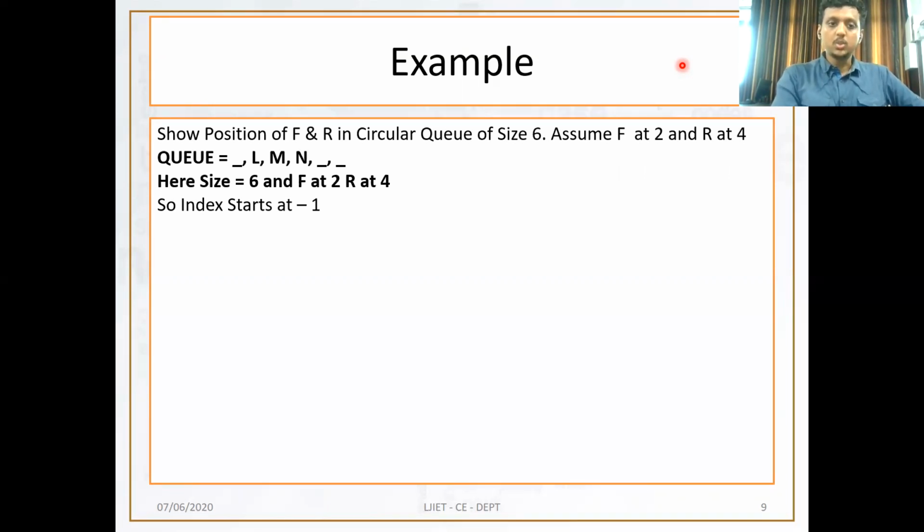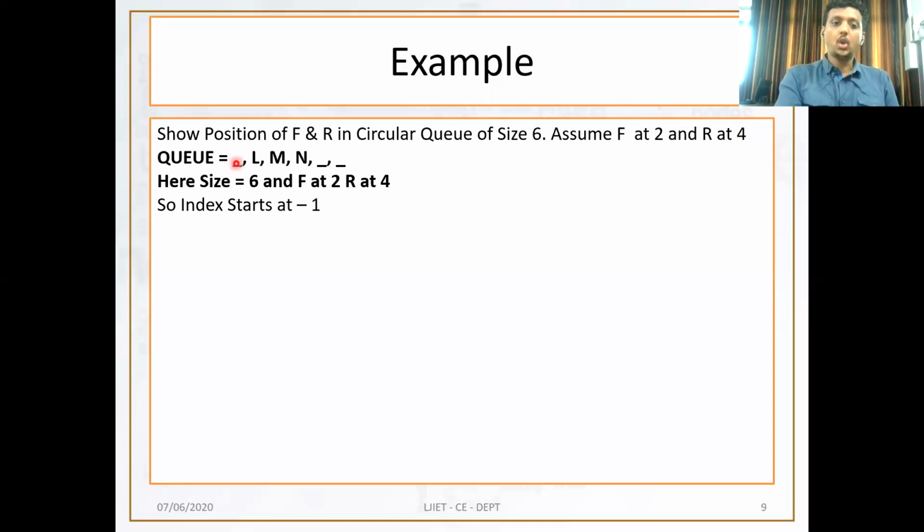Q is equal to blank, L, M, N, blank, blank. Let me first explain what this example problem means. Here the front pointer position is already given as 2, and the rear pointer position as 4.